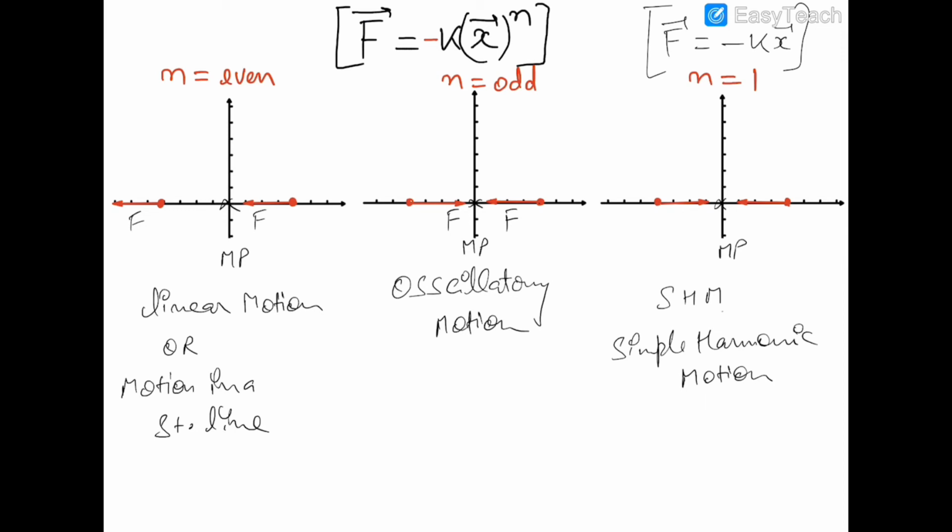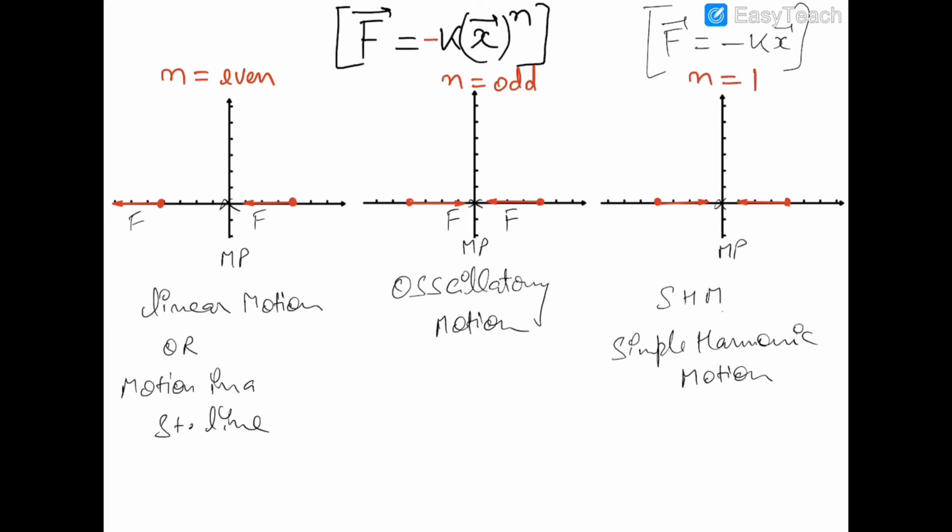Therefore that motion is periodic motion, but it is not oscillatory motion, because it is not a to and fro motion. Each SHM is an oscillatory motion, but each oscillatory motion is not a SHM. So conclusively, SHM is both oscillatory and periodic. Oscillatory motion is periodic, but not every periodic motion is oscillatory, and not every oscillatory motion is SHM.